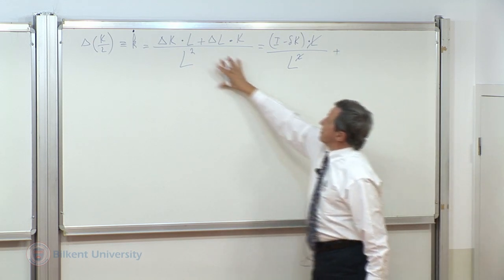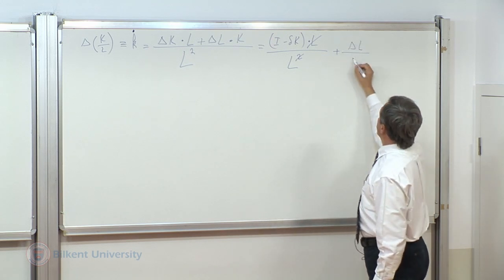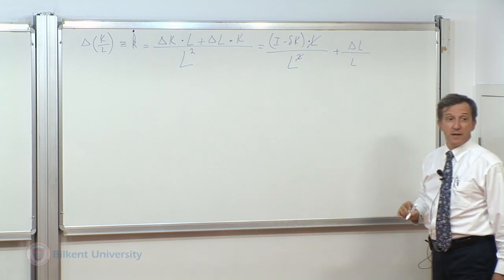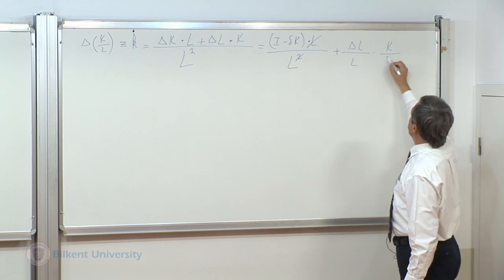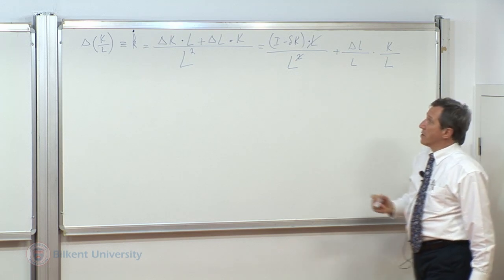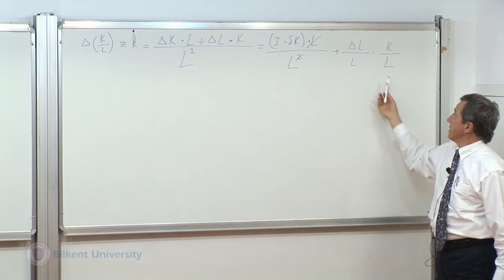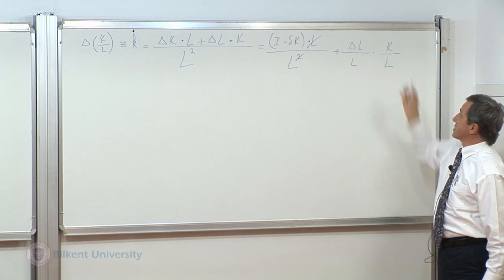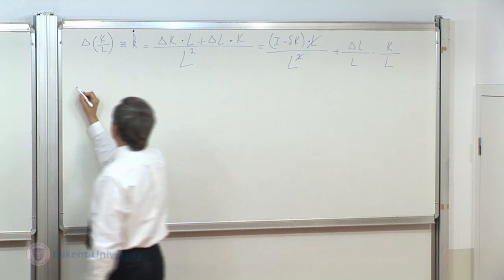Plus the second term, change in L. I am going to use one of the L's from L squared times K and the other L. So rather than L squared over here, I have used L times L, and that's my change in L times K. What am I left with?